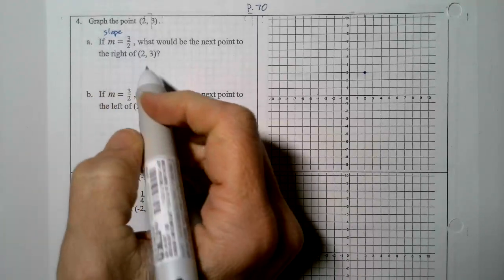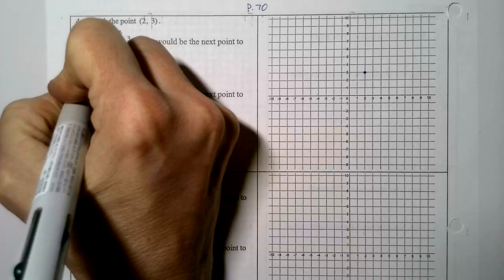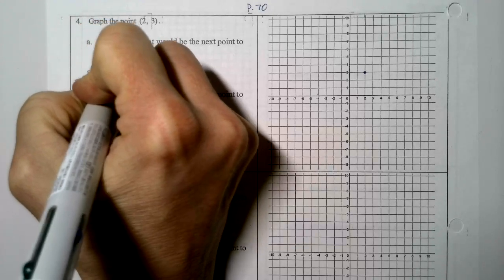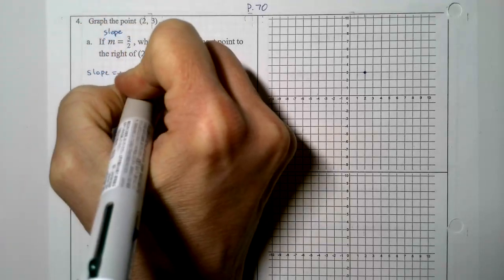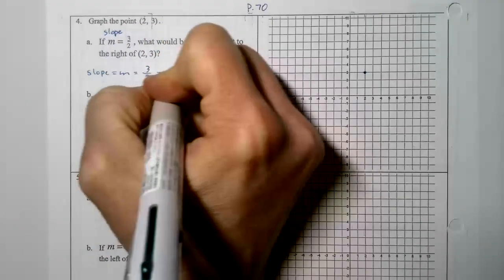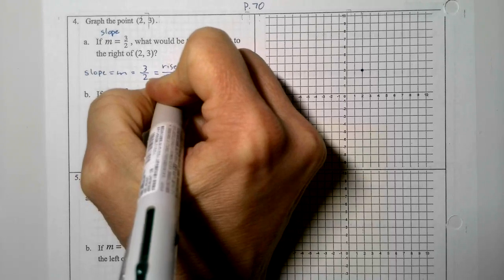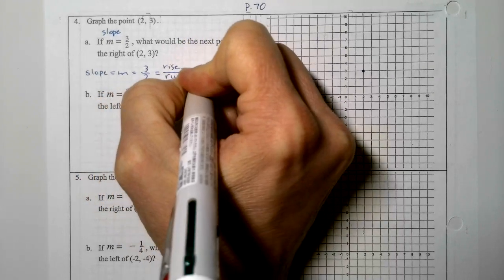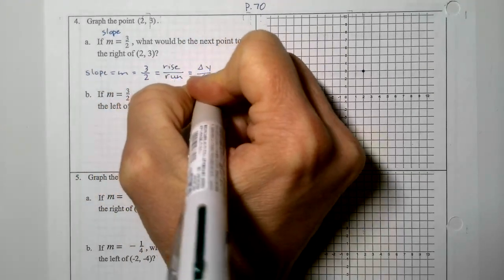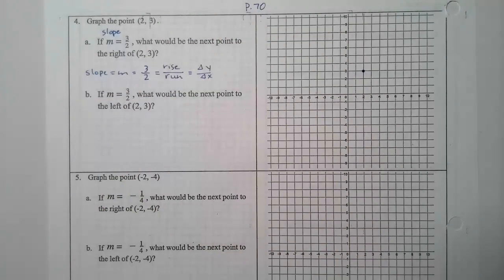So we're using this information. If we think of slope as m, that's 3 halves, and that is rise over run, or if it's helpful to think of the change in y over the change in x. All of those things are true, and that can help you with this.